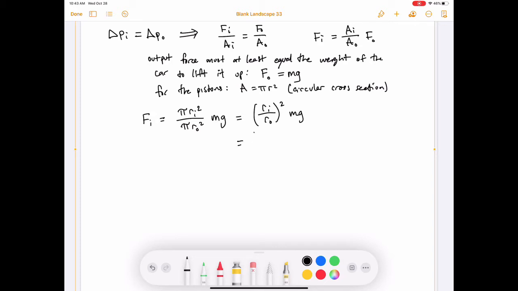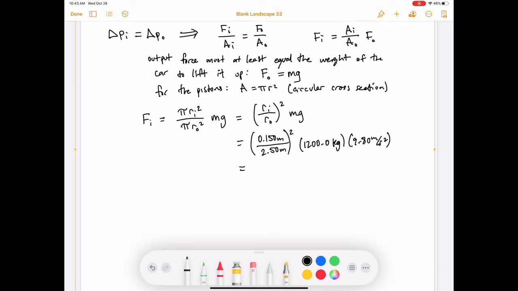Okay, so now let's plug in the numbers. The radius of the input piston is 15 centimeters or 0.150 meters. The radius of the output piston, 2.5 meters. So we're taking that ratio and squaring it. The mass of the car is 1,200 kilograms. And then g is 9.8 meters per second squared.